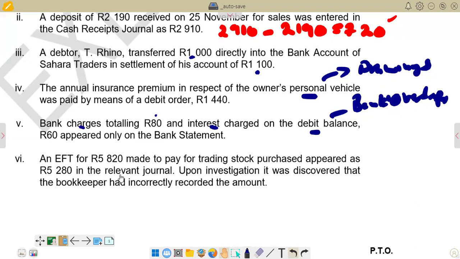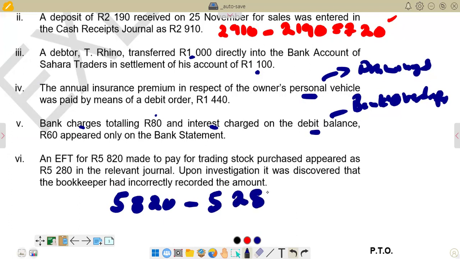We know that if it's a payment, it will be on the credit side of the bank account or under the cash payment journal. So we entered a smaller figure. So we need to enter the difference on the credit side so that it goes back to 5,820, the correct figure.